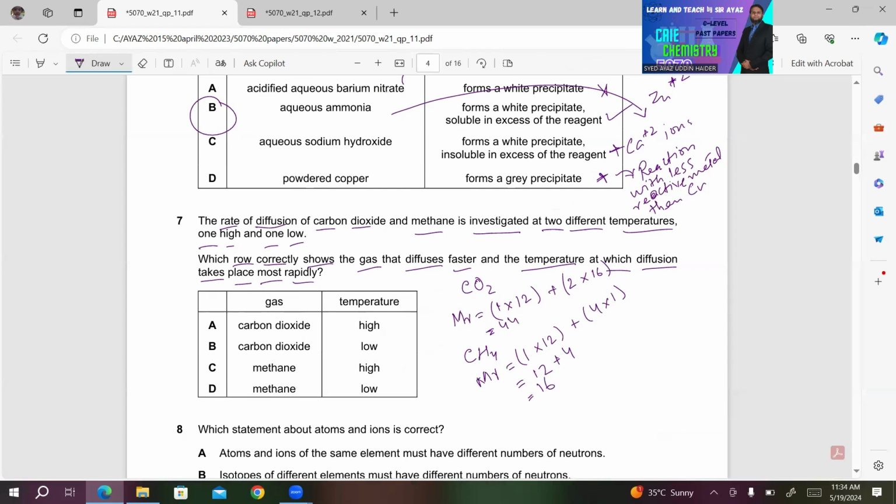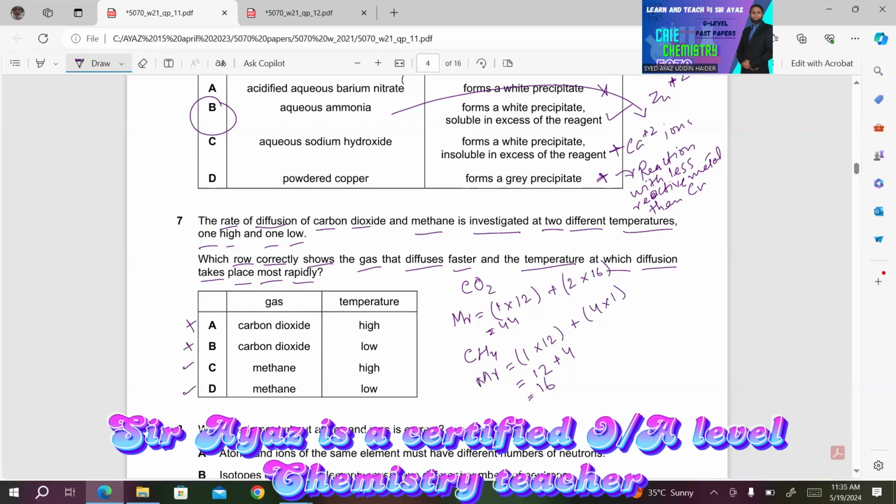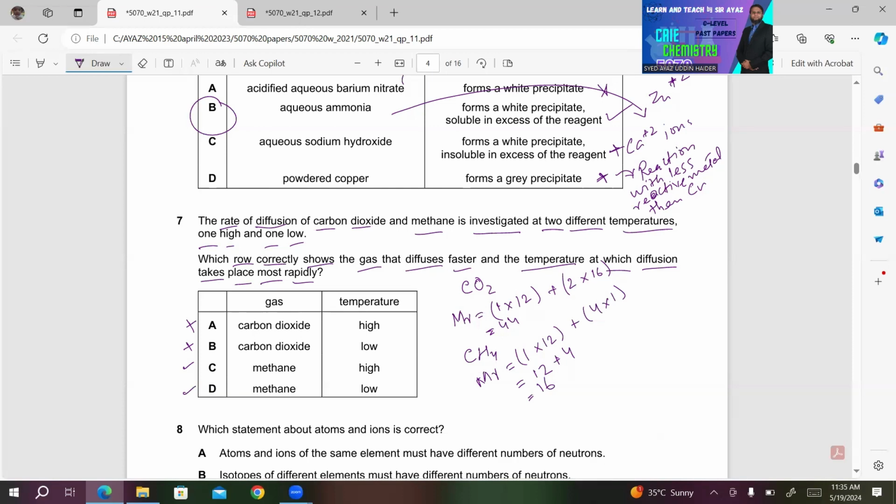So obviously methane must be the one which diffuses at a faster rate. So either C is correct or D is correct. Both A and B are incorrect. Now they are saying most rapidly, so the temperature must be high. So C must be the right answer for this question.